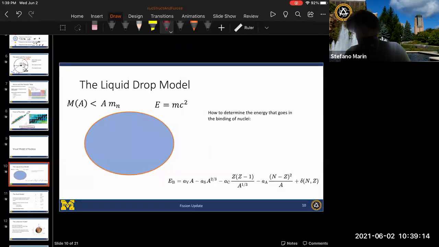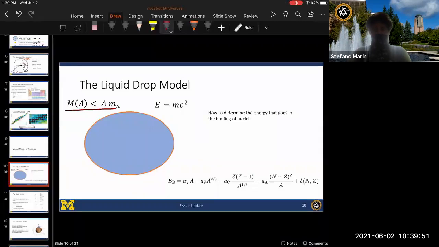What is interesting is that this liquid model was very successful in the very early age of understanding nuclear structure, because it predicted a very nice property of nuclei, summarized right here in this inequality, which says that the mass of something that has A nucleons, so A could be 20 protons and 30 neutrons, A would be 50, is actually going to be less than the mass of each constituent.